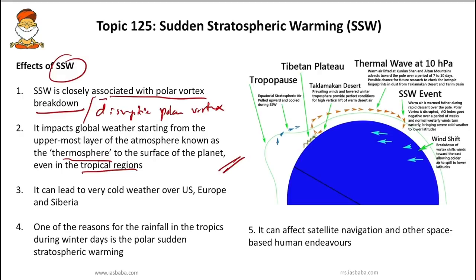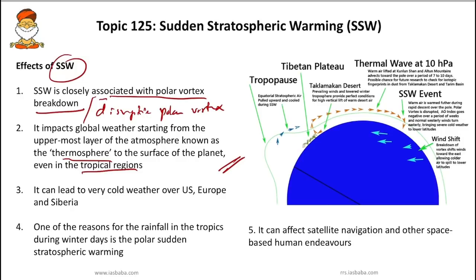It has the capacity to impact weather conditions in the different atmospheric layers, starting from the stratosphere, mesosphere and thermosphere to the tropical regions. It can also impact satellites, navigation and other space-based human endeavors.